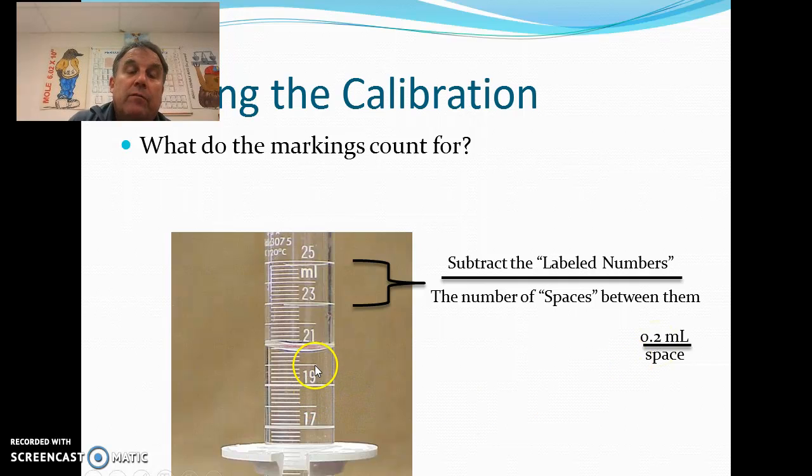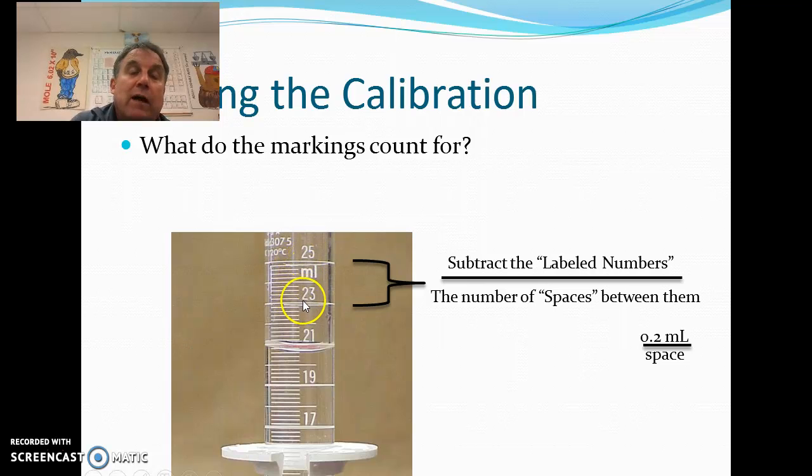Okay. So if we read the bottom of the meniscus, which is what convention dictates, we can see that it's 0.2, 0.4, 0.6 above this line. So what does that line represent? Well, you can see the numbers are resting on the lines that they represent.